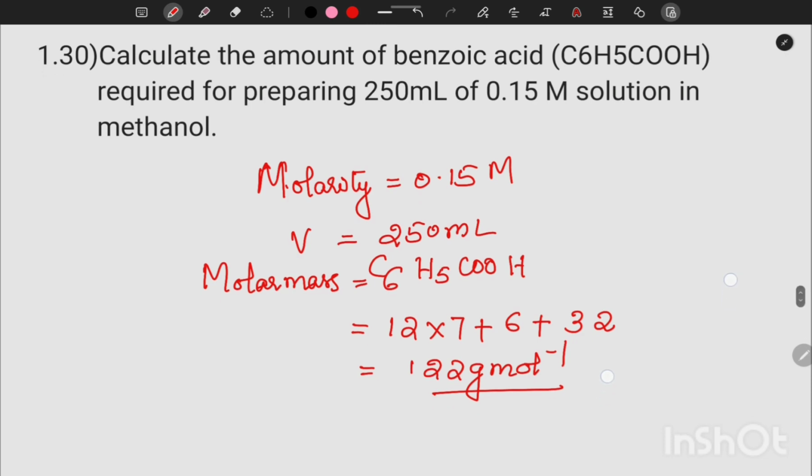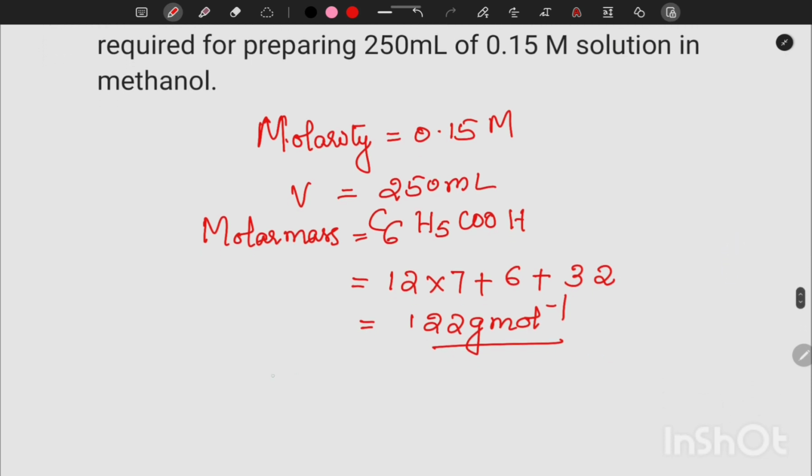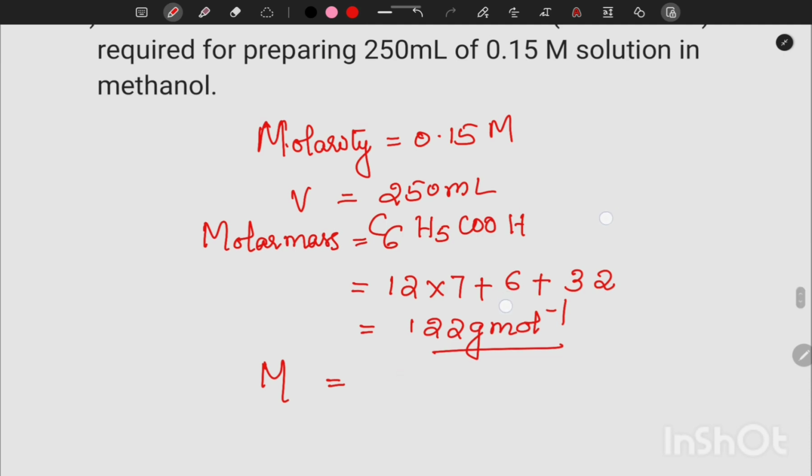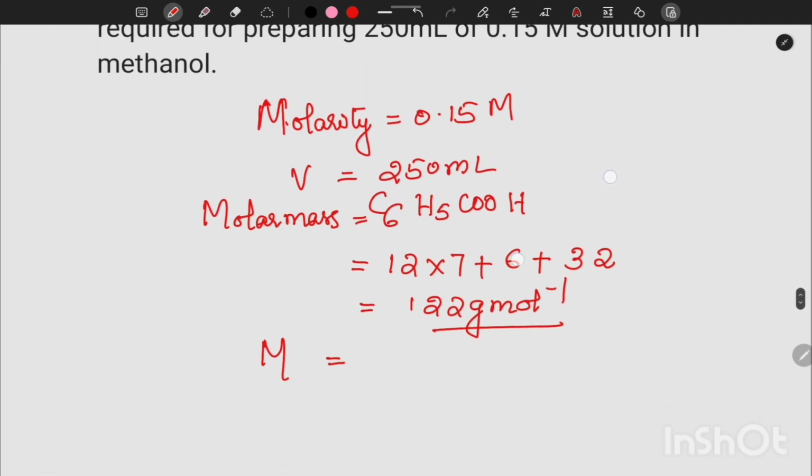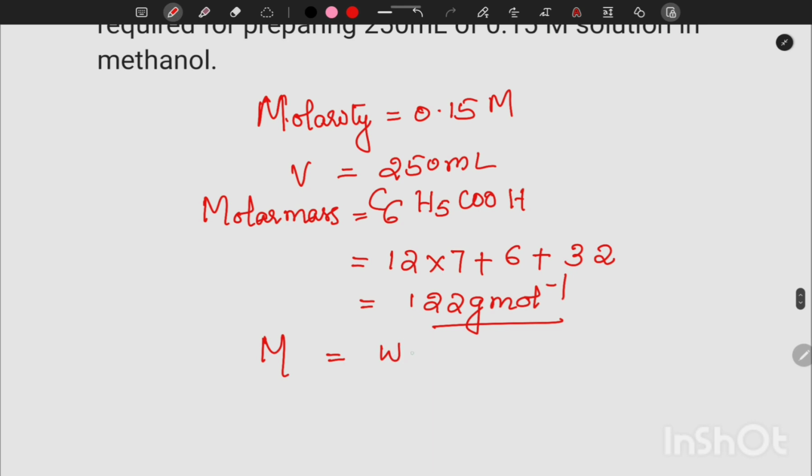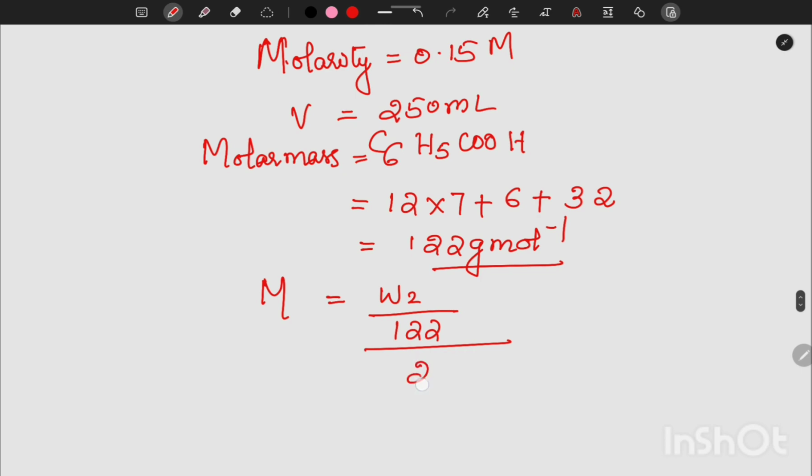Now let us substitute the value in the molarity equation. Molarity is equal to mass by molar mass, so mass of solute we have to calculate. Molar mass 122 divided by volume, 250 by 1000. Molarity is given, so we can substitute 0.15.